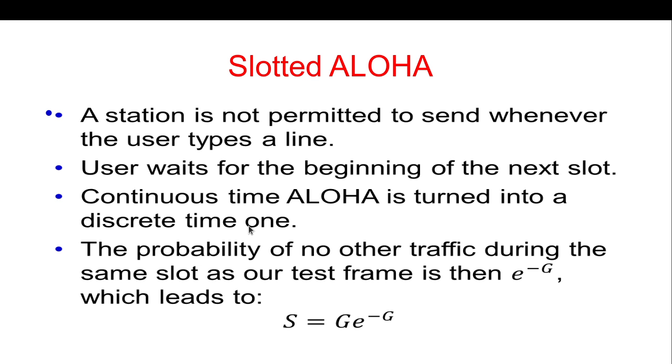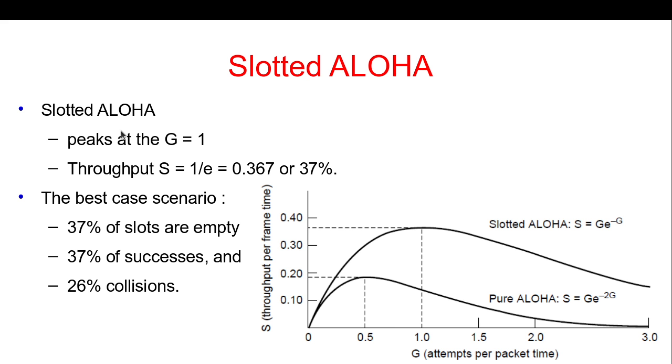Now let us calculate the probability of no other frame during the same slot as our test frame. Using the same relation, we can calculate that as e raised to minus G, which once again gives the throughput S equal to G into e raised to minus G. So if you plot once again the slotted Aloha throughput against G, the attempts per frame time, we get the peak throughput at G is equal to 1.